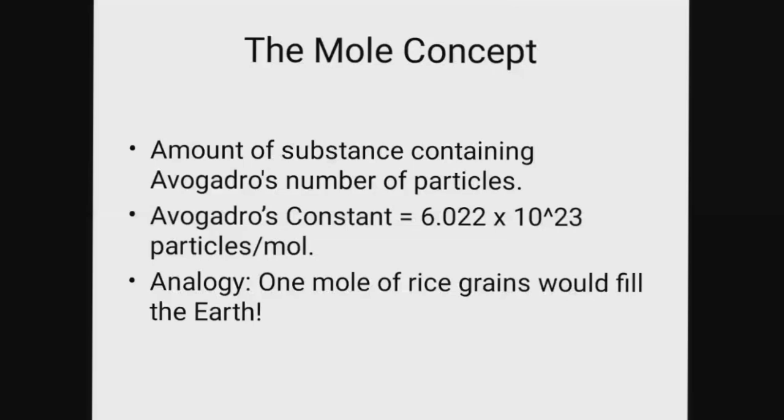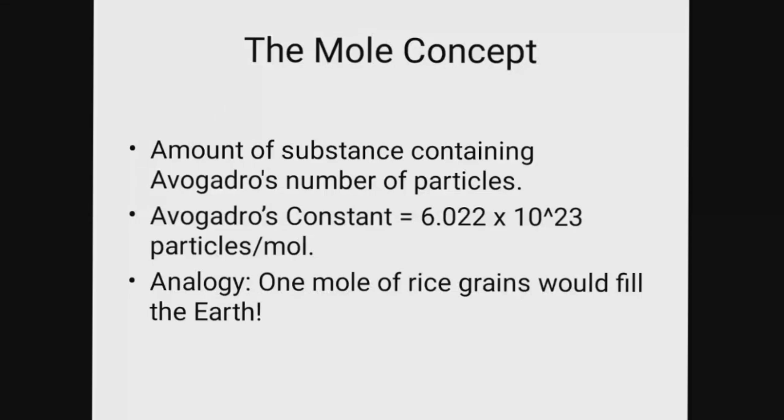Now, chemists find it difficult to count atoms because atoms are very tiny and very many. So we need to find a common way we can name these atoms so that it can be easy for us. And then we came up with this thing called mole.